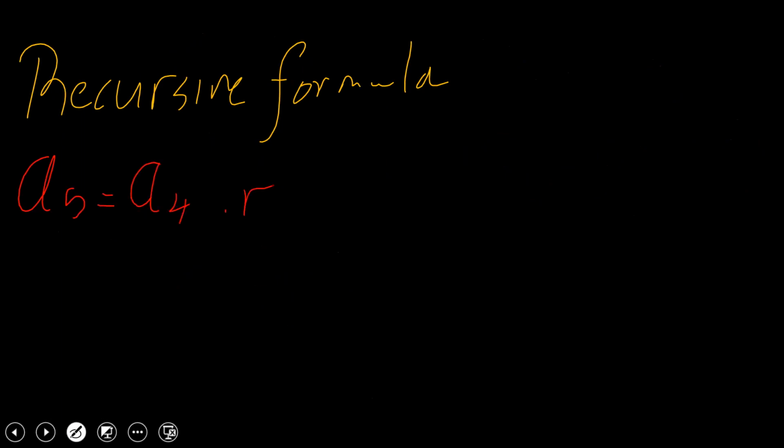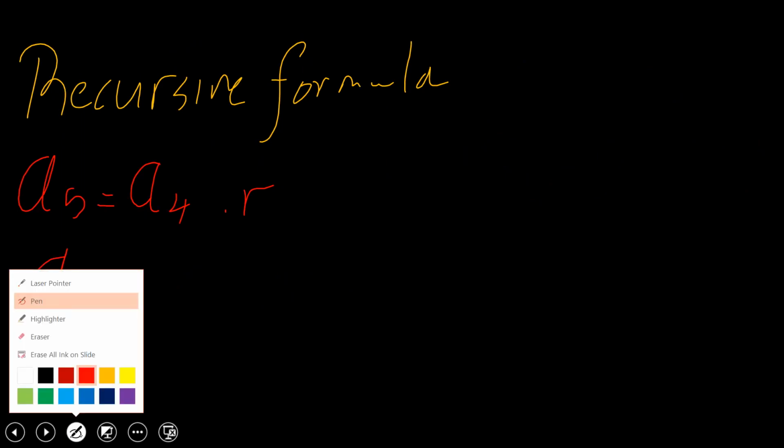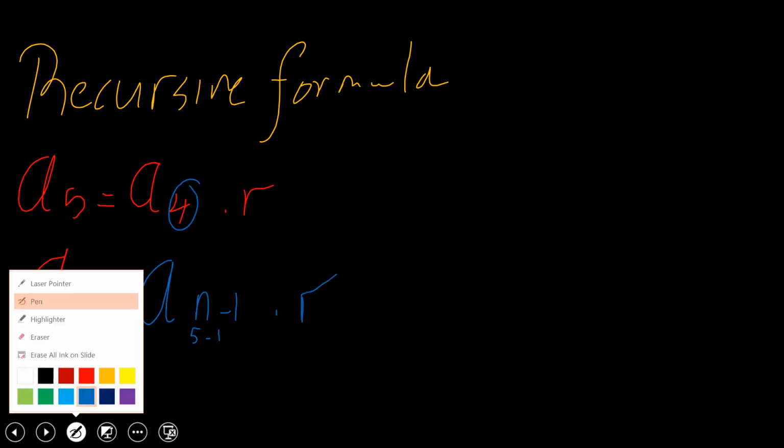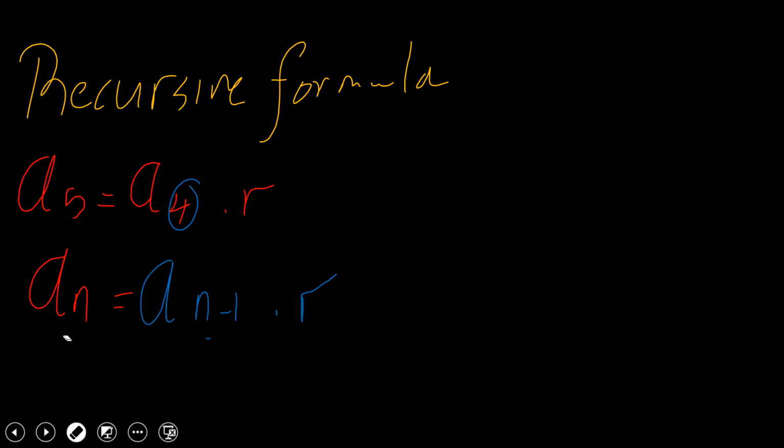So its definition will be: a sub n is a sub n minus 1 times r. I mean, if I want to find a sub 5, it is a sub 4 times r. This is now the recursive definition of the geometric sequence: a sub n is a sub n minus 1 times r.